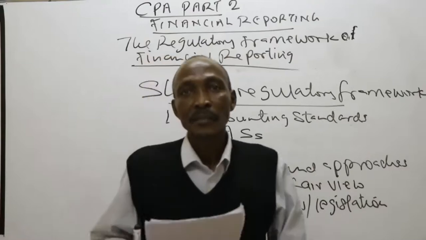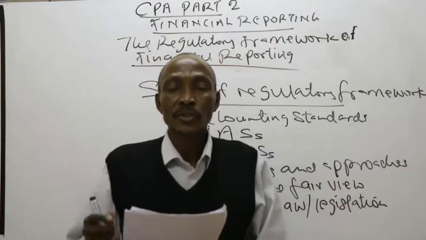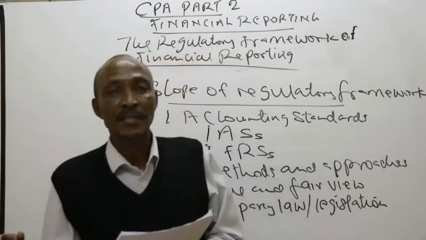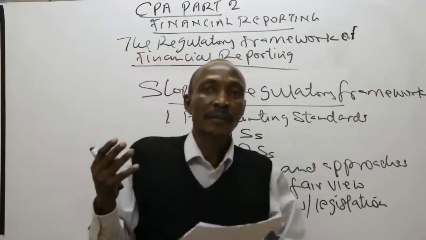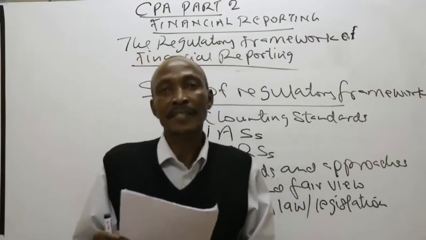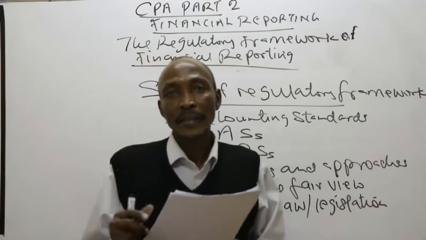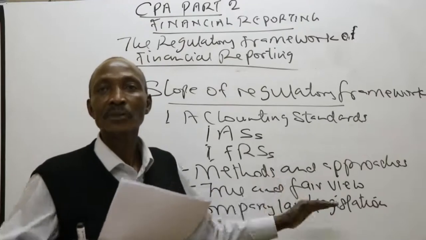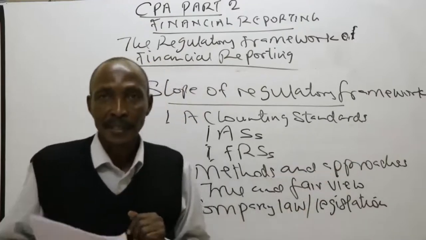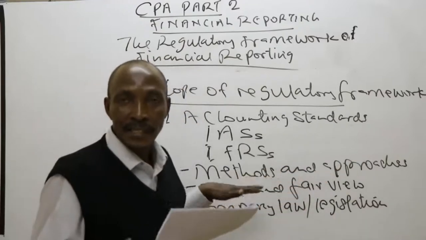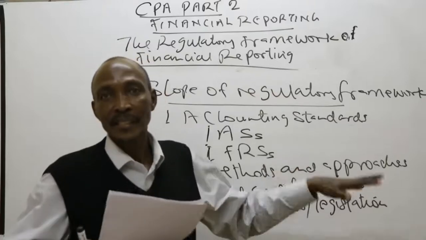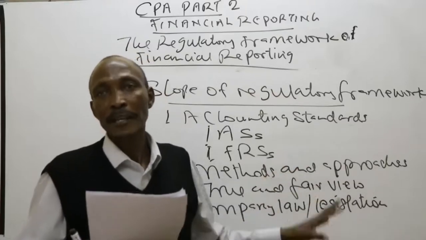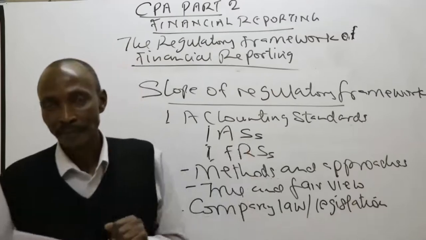Now, the overall purpose of the Companies Act is to regulate companies, that is, organizations registered as limited companies in Kenya. One important relationship between that particular law, the Companies Act, and accounting or financial reporting is that the Companies Act requires that every company in Kenya must prepare and present financial statements.